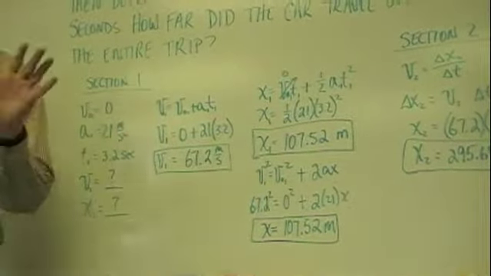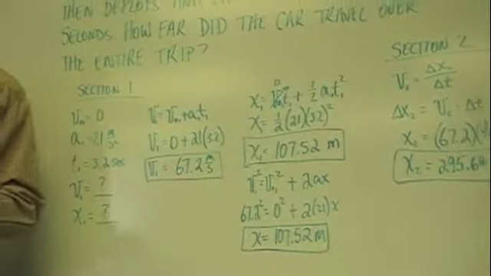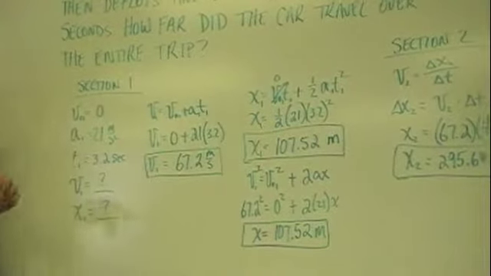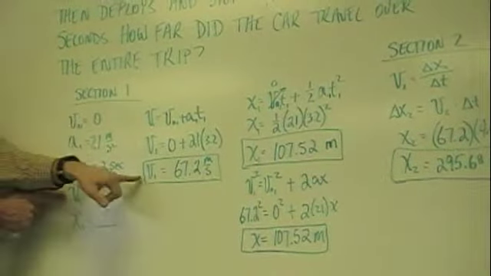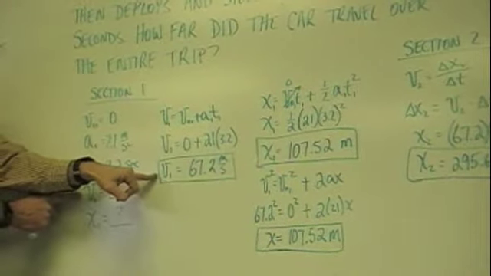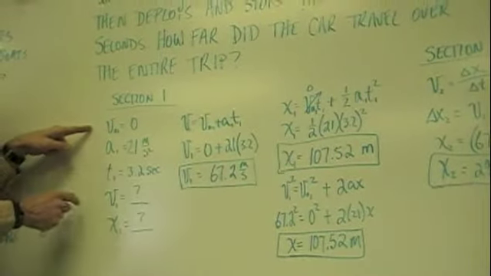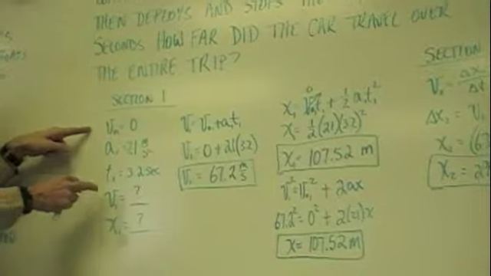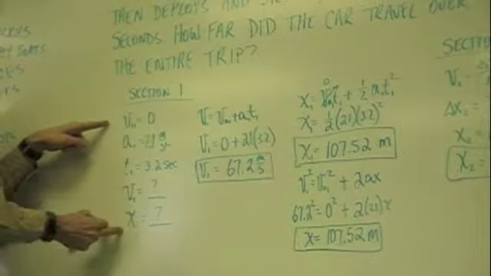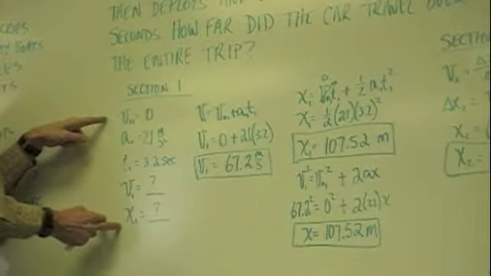Now, just so you guys can see a different kinematic equation and a different look, okay? Did we solve for this right here? So we could use this guy and this guy to solve for that, right? Instead of time.